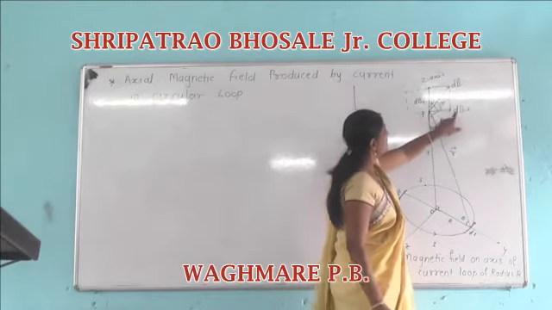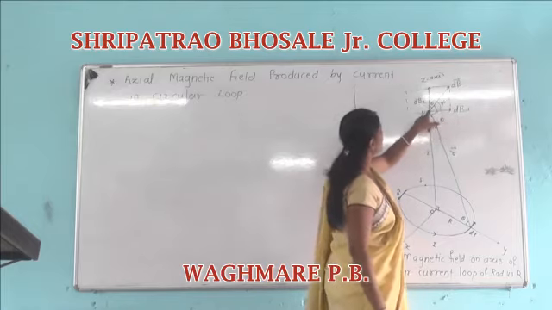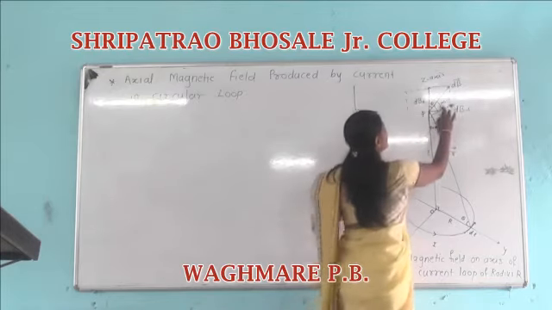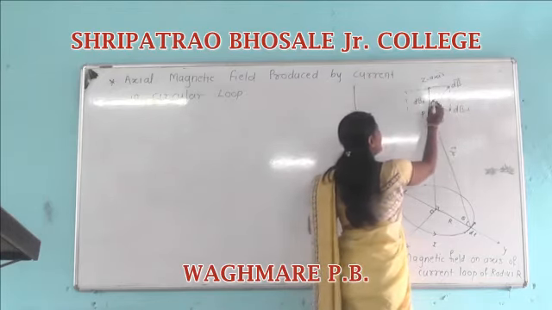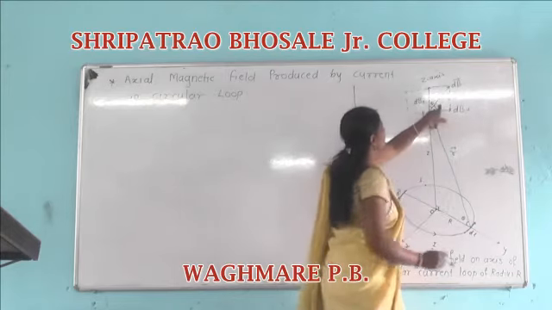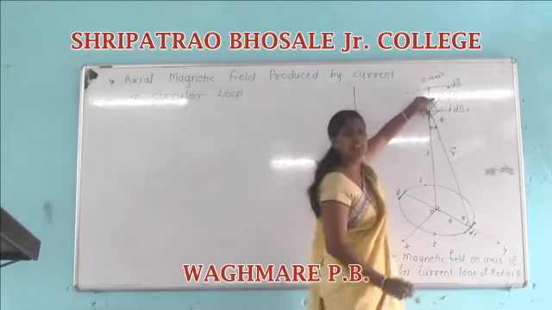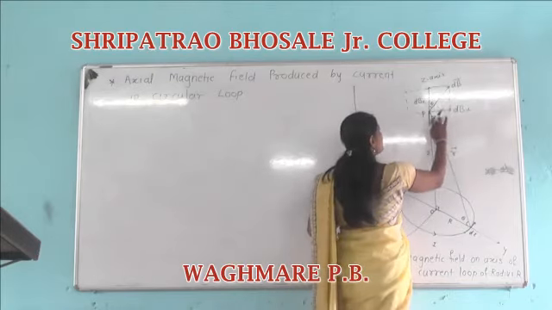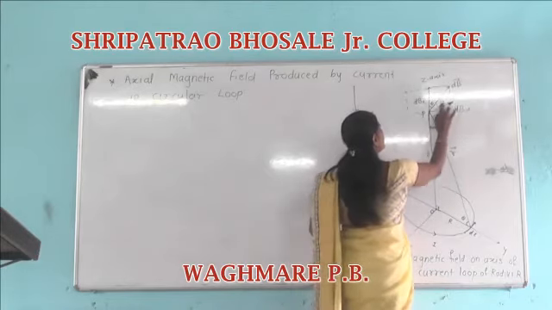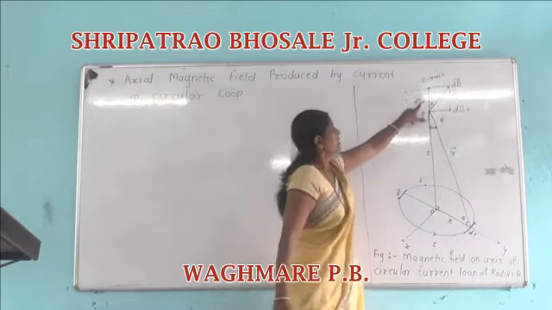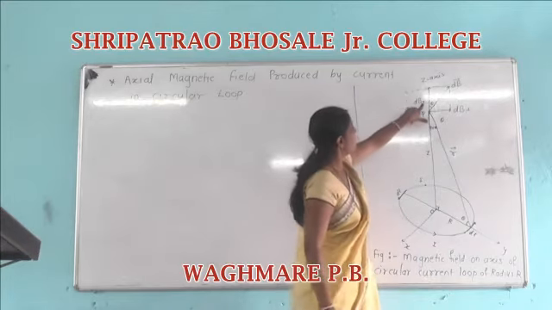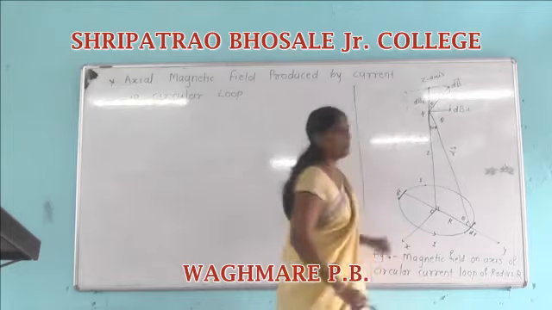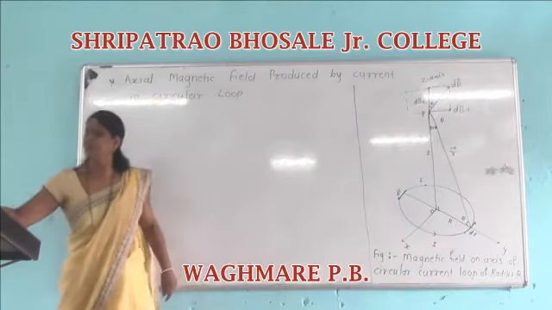Now, we know that dB perpendicular is perpendicular to the z axis. Therefore, this angle is 90 degrees, this is 90 minus theta, and therefore this angle becomes theta.